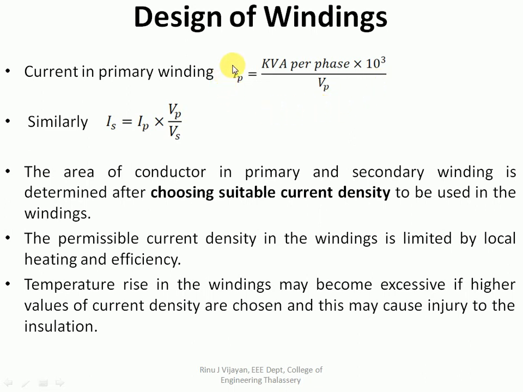If you are aware of the value of primary current, you can easily determine the secondary current with the help of transformation ratio. As you all very well know, the relation V2 divided by V1 is equal to N2 divided by N1 is equal to I1 divided by I2 is equal to K. So it's clear that the relation I2 by I1 will be giving you the value 1 by K. So this I2 is actually the secondary current and I1 will be the primary current.